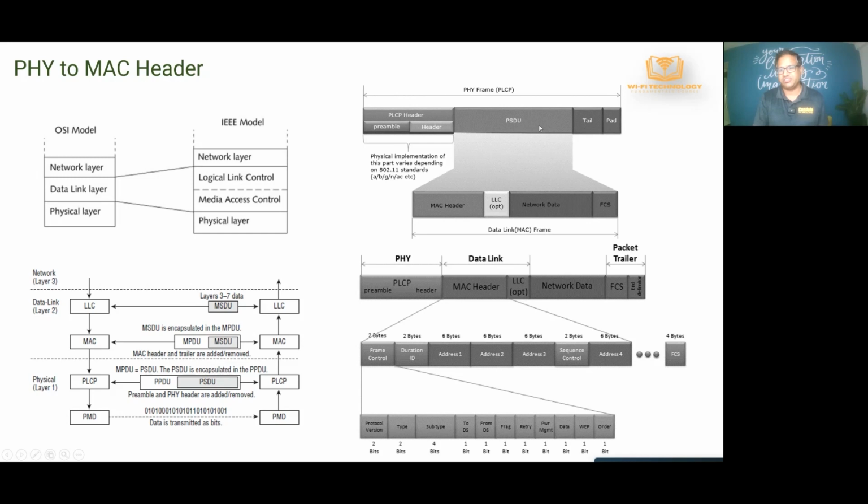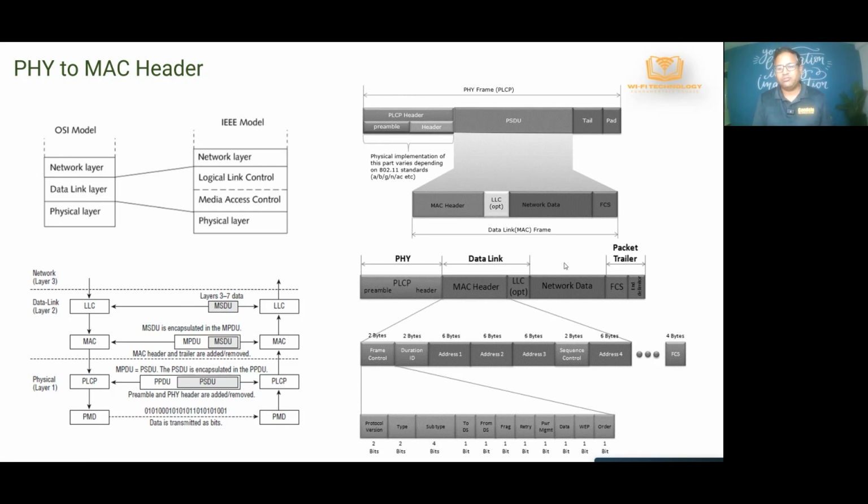This is nothing but your MAC frame, including the MAC layer header. So inside the PSDU, you have the entire MAC frame, including the MAC header and the MAC payload, right? So what is the MAC payload? Again, it is the IP packet, including the IP header and so on, right? So that's how the layering actually works.